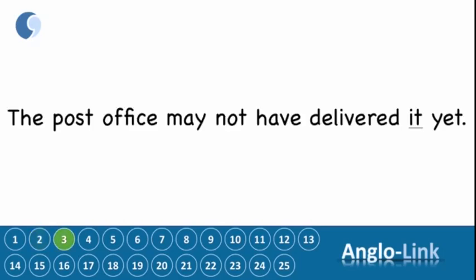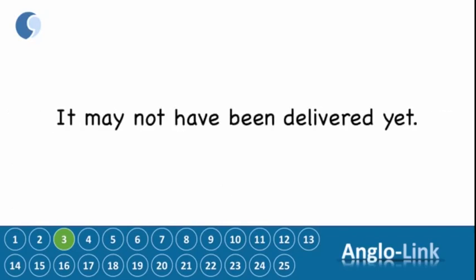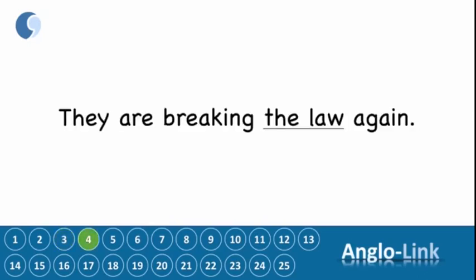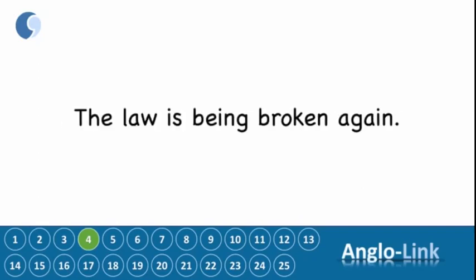Number 3. The post office may not have delivered it yet. It may not have been delivered yet. Number 4. They are breaking the law again. The law is being broken again.